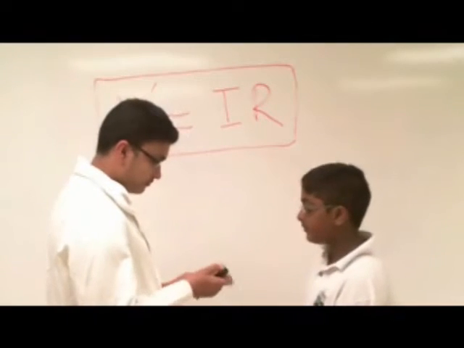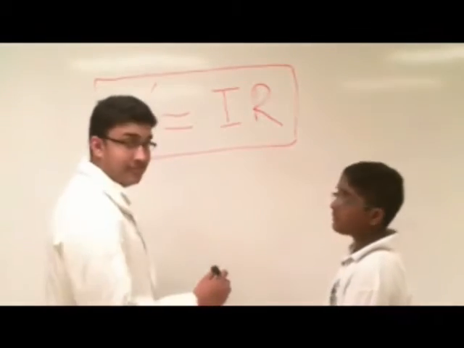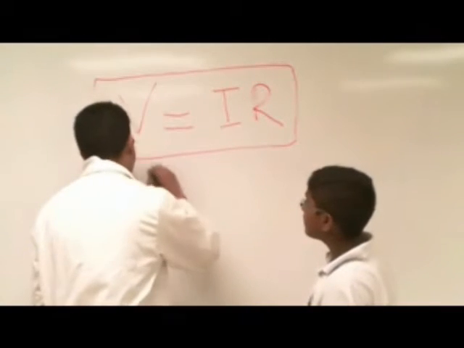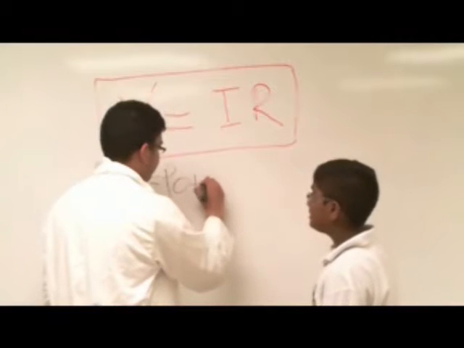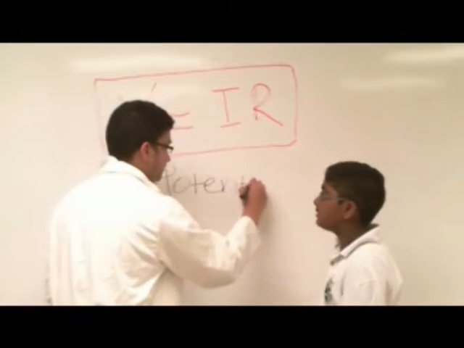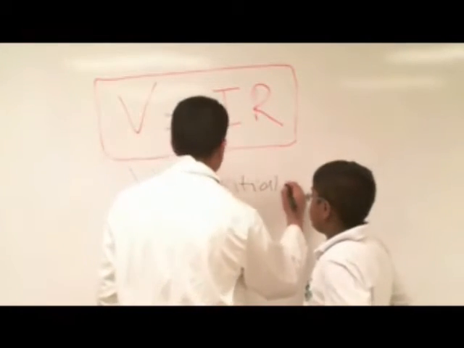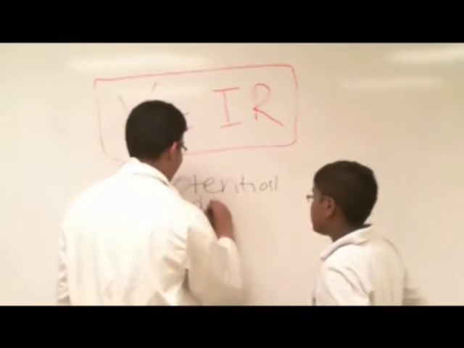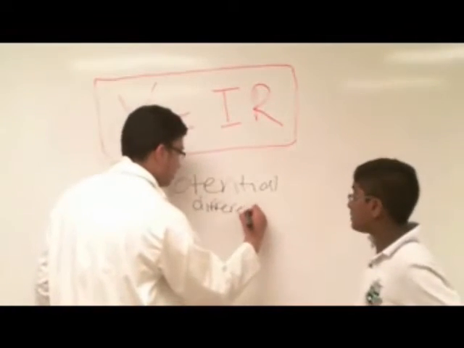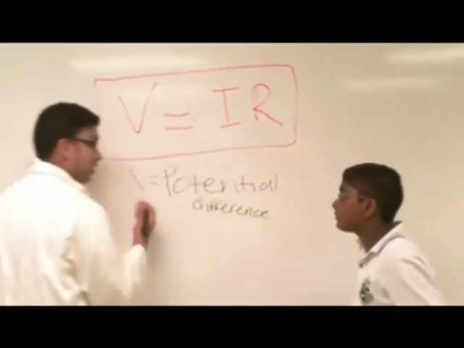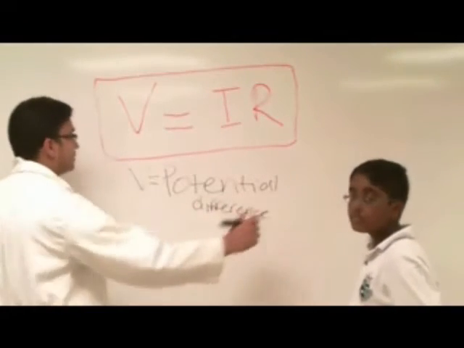So, first, the V is potential difference. Sorry if my handwriting's messy. So V equals potential difference.